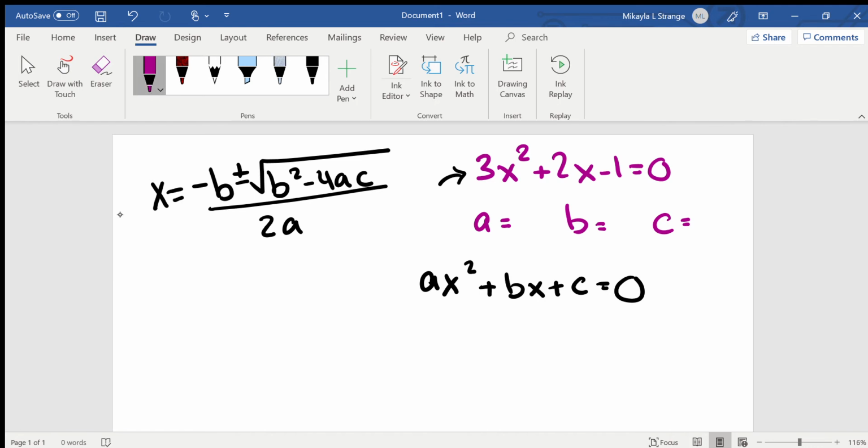In this case, a is equal to 3, b is equal to 2, and because this one is a minus, we get c is equal to negative 1.